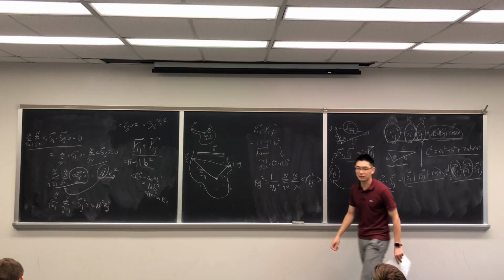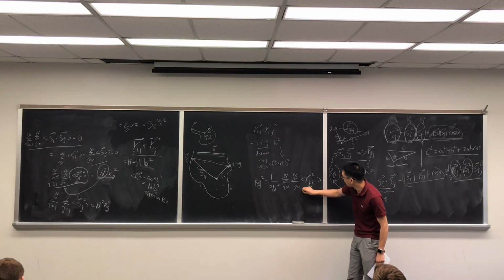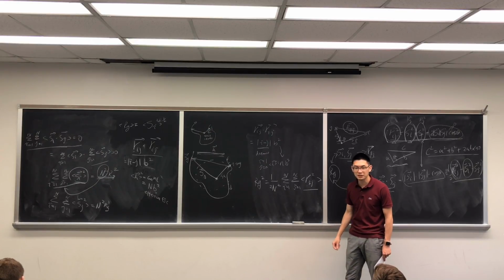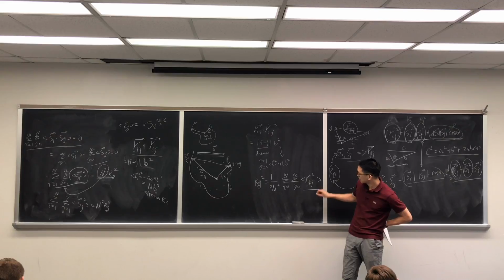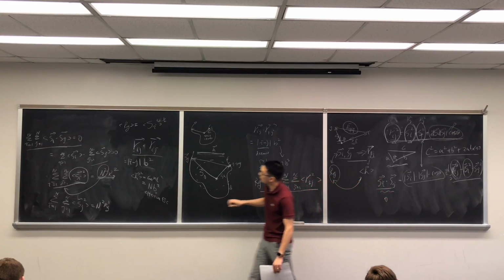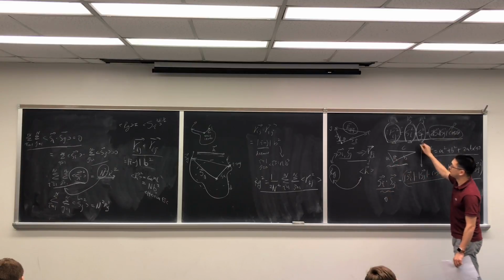The second definition of Rg is basically the average over all possible segment pairs. This was coming from the equation right here.